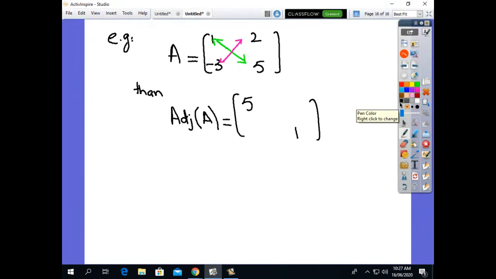Here 2 is positive, after changing sign it becomes -2, and here 3 is negative, after changing sign it becomes +3. This is the adjoint of matrix A.